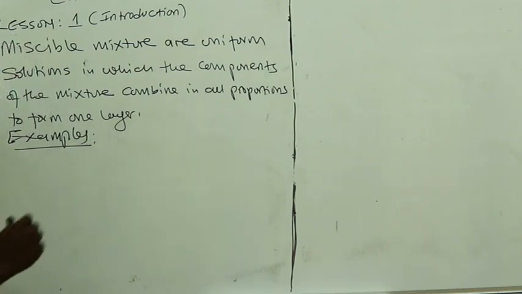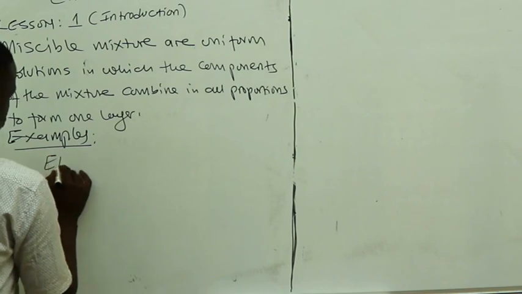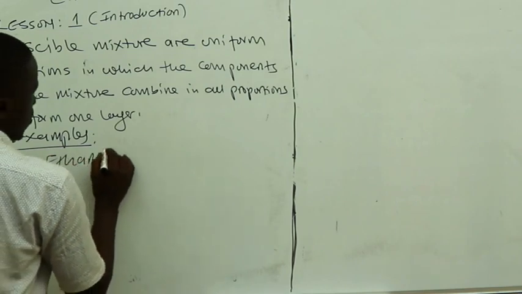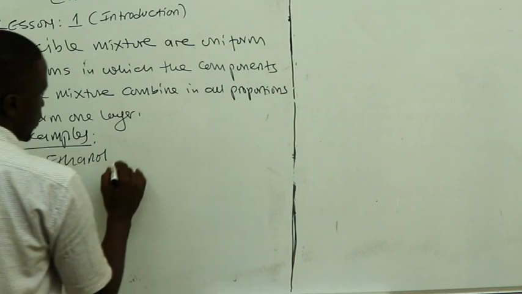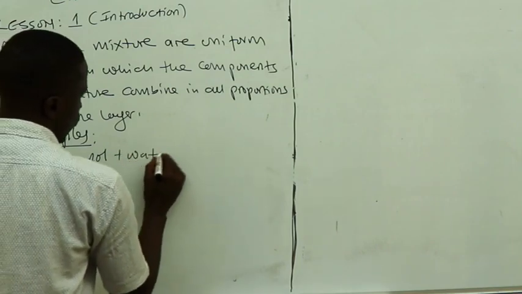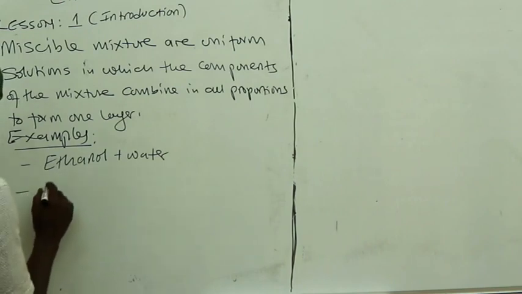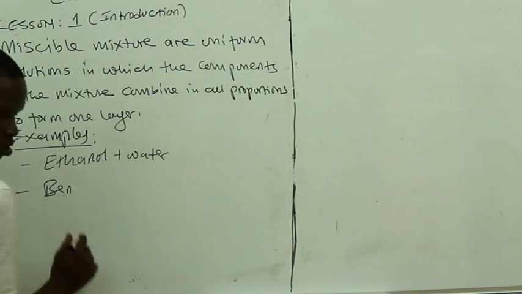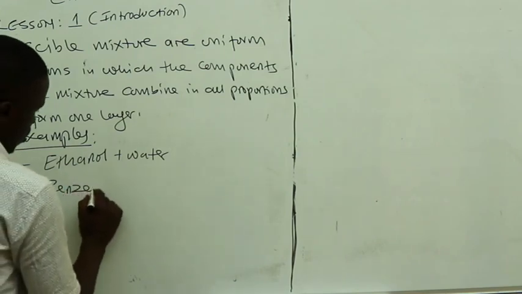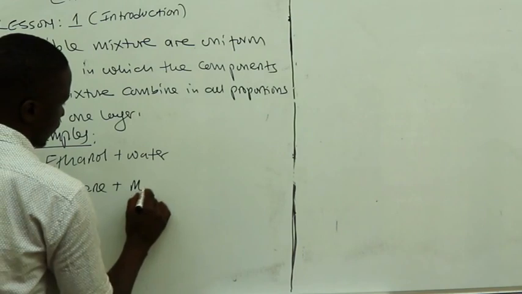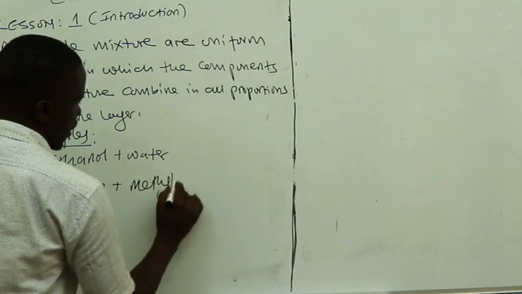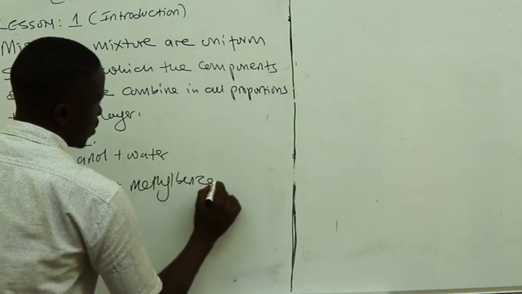Our common examples of such mixtures would contain, for example, ethanol combining with water. We shall form a miscible mixture. Someone could talk about two organic solvents like benzene and methyl benzene.